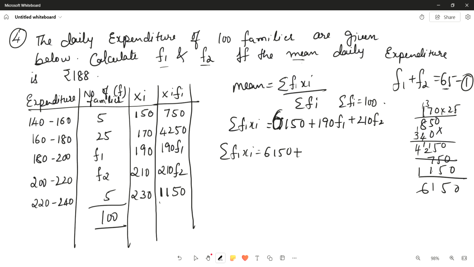6150 plus 190 into F1. F1 I can write it as 65 minus F2, plus 210 into F2. Instead of 2 variables, I am trying to make it 1. So instead of F1, I will write 65 minus F2 here.